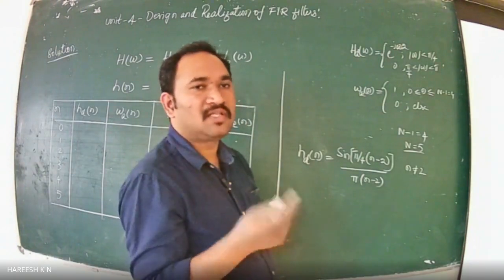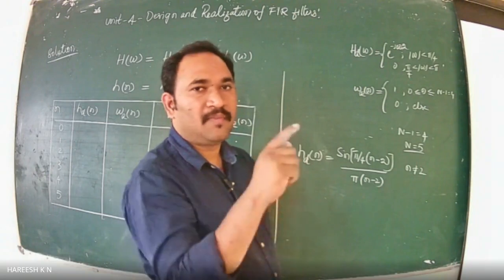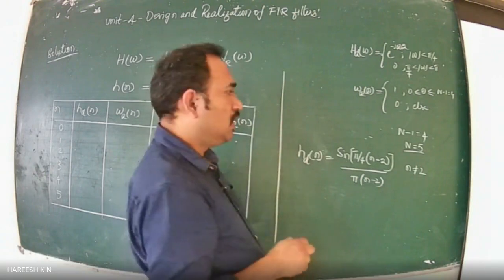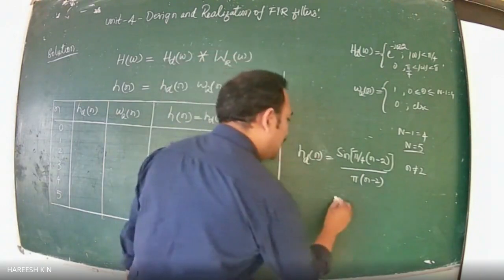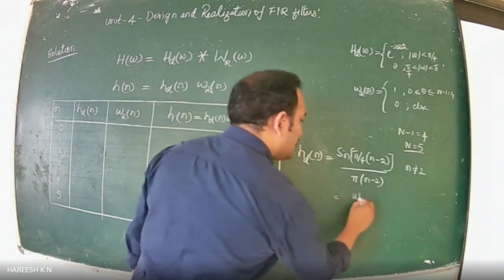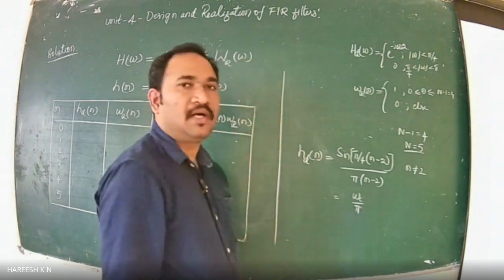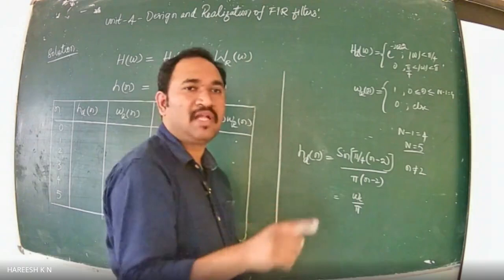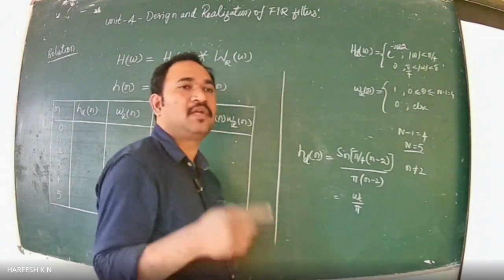We will be getting it as omega c divided by pi, because in the IDFT expression we have 1 divided by 2 pi, with respect to the limit minus pi to plus pi.